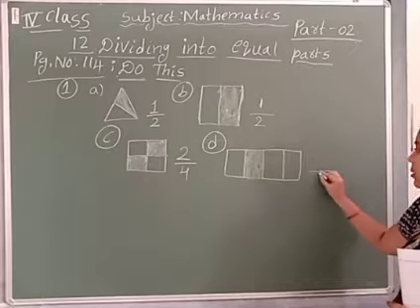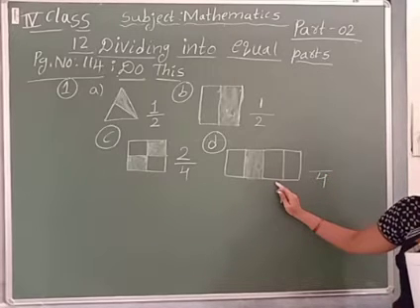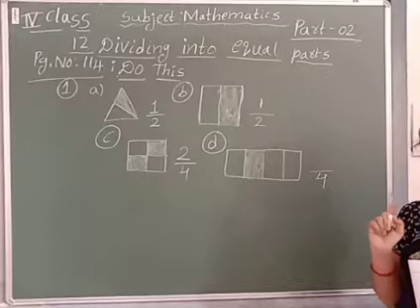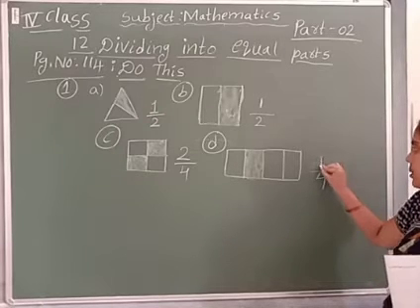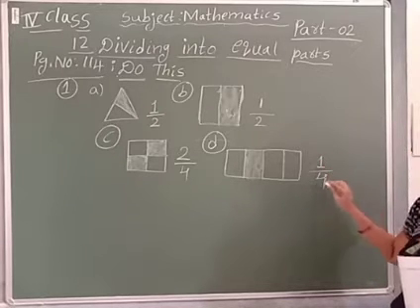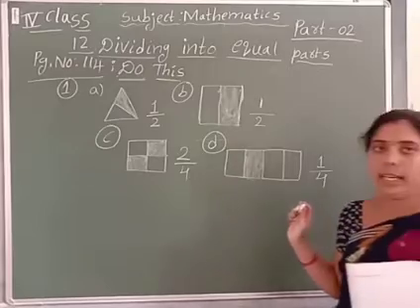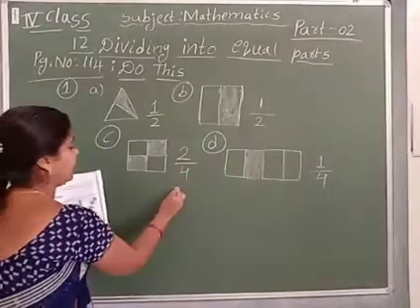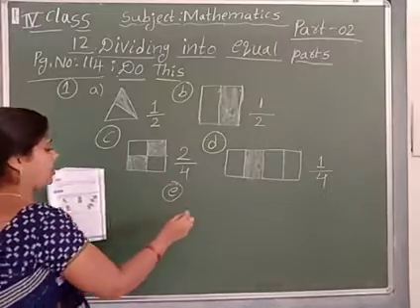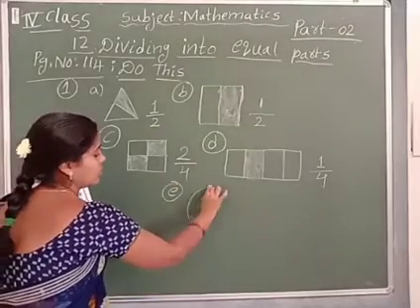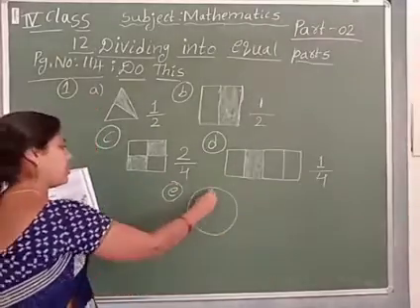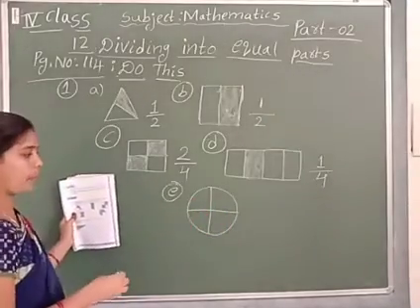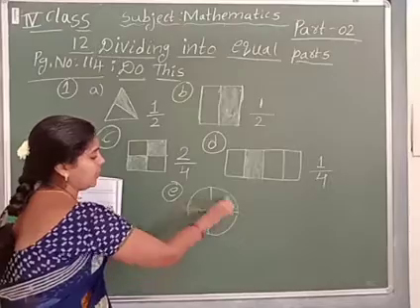How many parts are shaded? Only 1. So where will we write it? In the numerator place: 1 by 4th part. Okay, understand? So next one, question E. Circle shape. The circle is divided into 4 parts. How many parts are shaded?